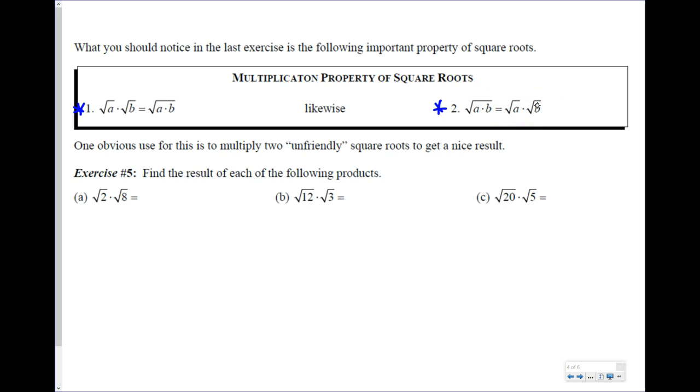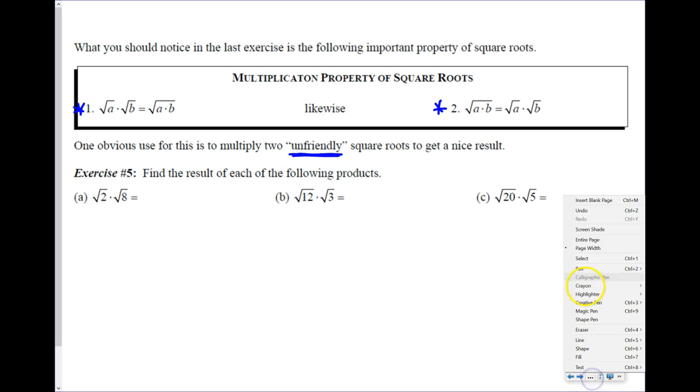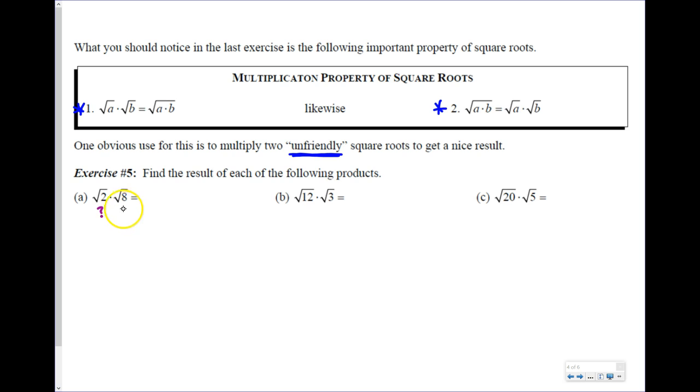Now this property is really important because of this next sentence. One obvious use for this is to multiply 2 very unfriendly square roots to get a nice result. So if we look at question A, can we take the square root of 2? Does it have an actual value? No. Can we take the square root of 8? No. That's what it means by unfriendly. Unfriendly means you do not get a whole number.